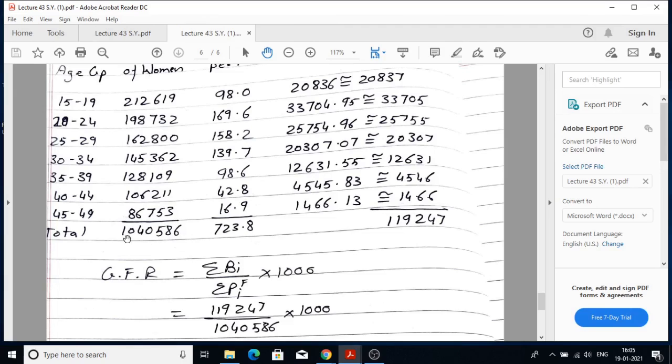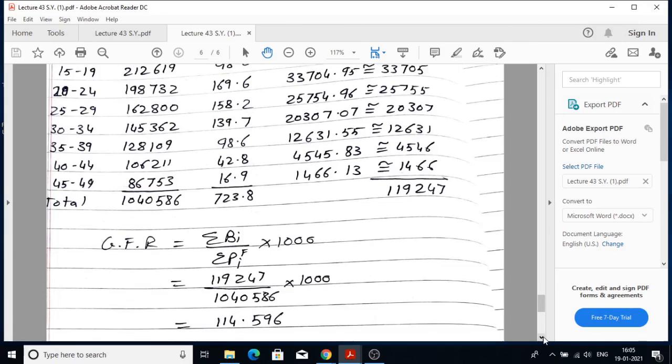So the total becomes 1,040583. So general fertility rate is nothing but summation BI, which is nothing but 1,19,247 divided by summation PIF, which is 1,040586 into 1000.